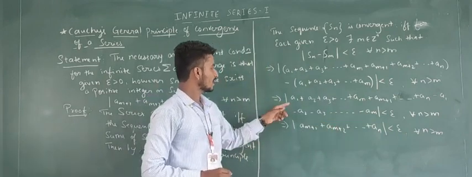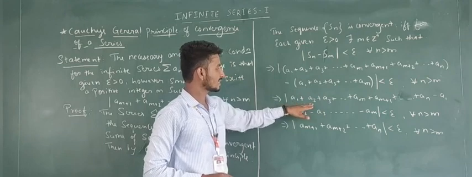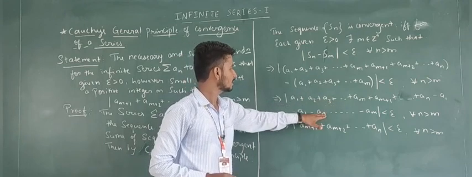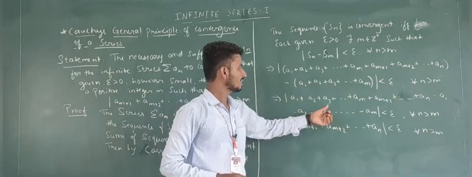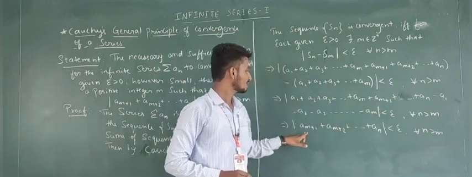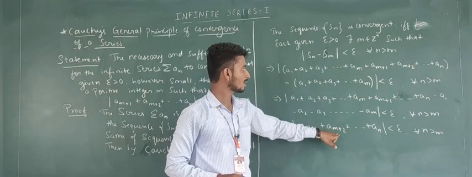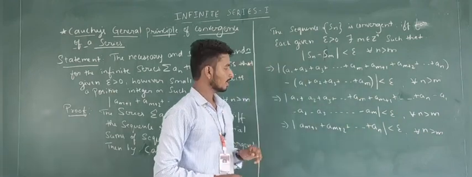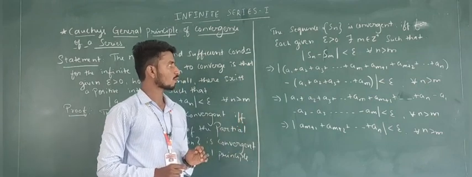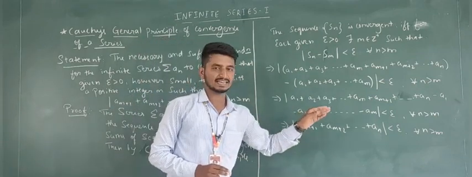When we subtract, a1 gets cancelled, a2 gets cancelled, and plus a3 and minus a3 get cancelled. Finally the remaining terms will be am+1, am+2 and so on up to an, whose modulus is less than epsilon for all n greater than m.